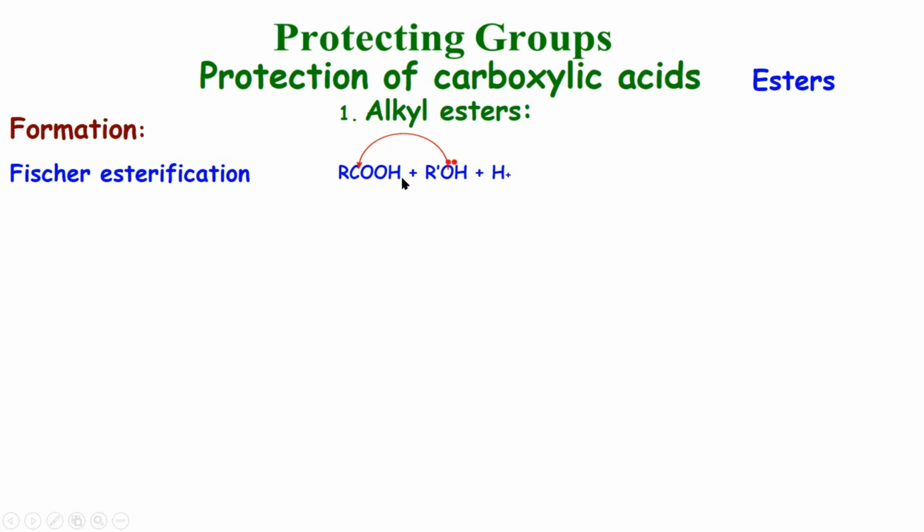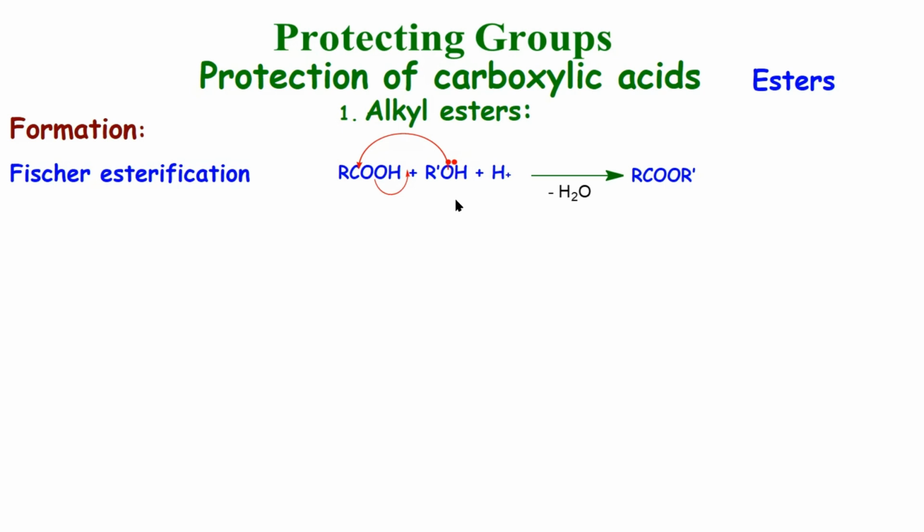OH being an easy leaving group in the presence of an acid gets protonated and leaves as a water molecule, and thus we get the required alkyl esters.